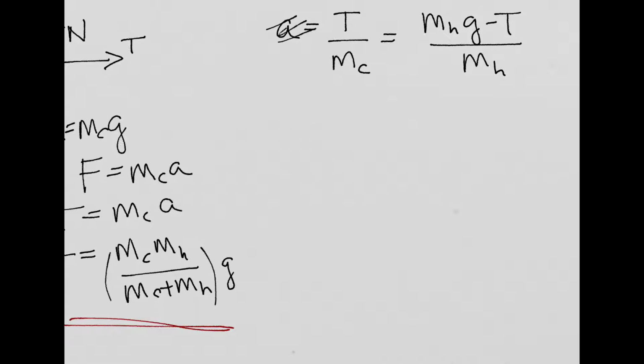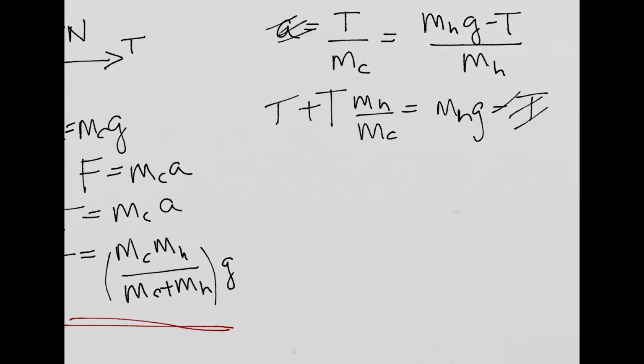So let's multiply both sides of this equation by mh. Let's add T to both sides. And let's take T out.